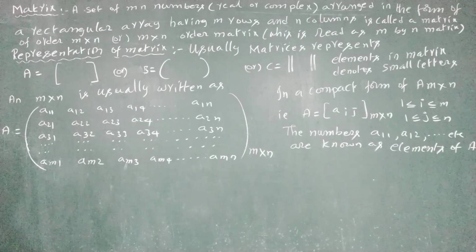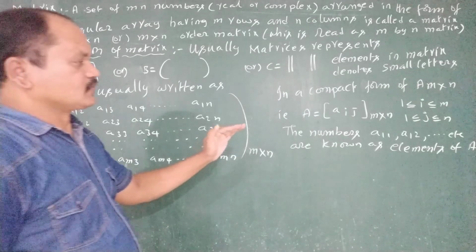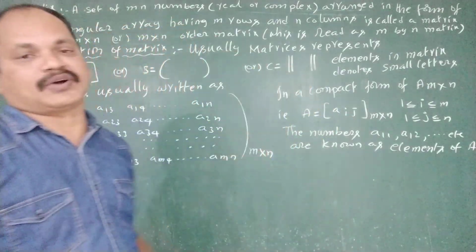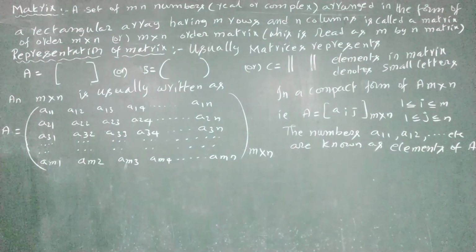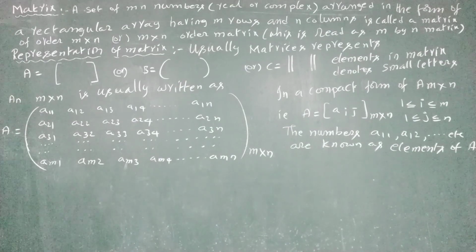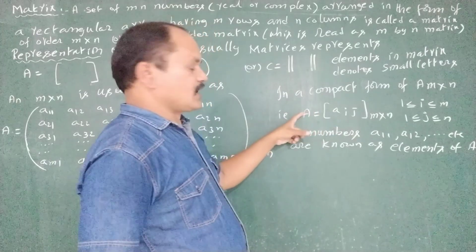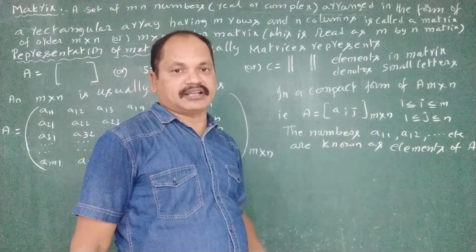Now, the element aij is nothing but the element of the ith row and jth column. Suppose capital A is equal to [aij], this representation is the matrix, and aij is the element.